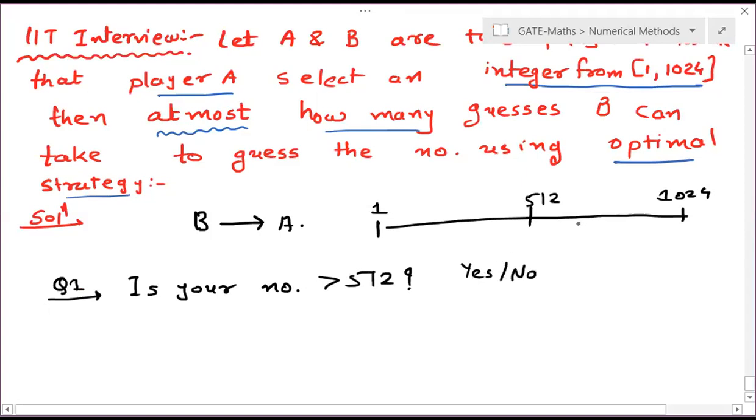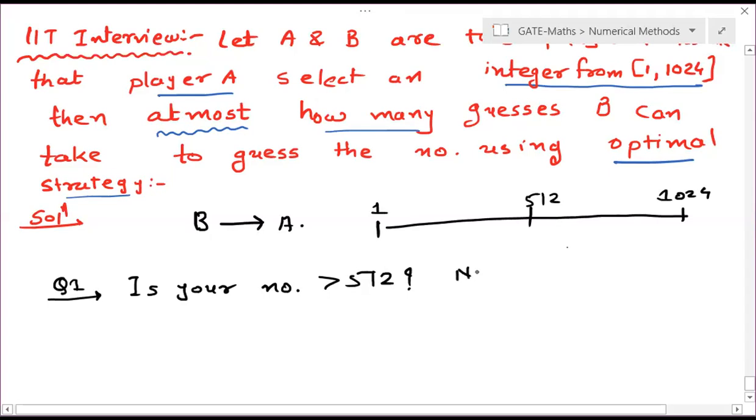If A answers yes, then B will ask from this interval. If he says no, then B will ask from this interval. Are you getting my point? Right. So in both the cases, yes or no, B will have two intervals, either 1 to 512 or 512 to 1024.